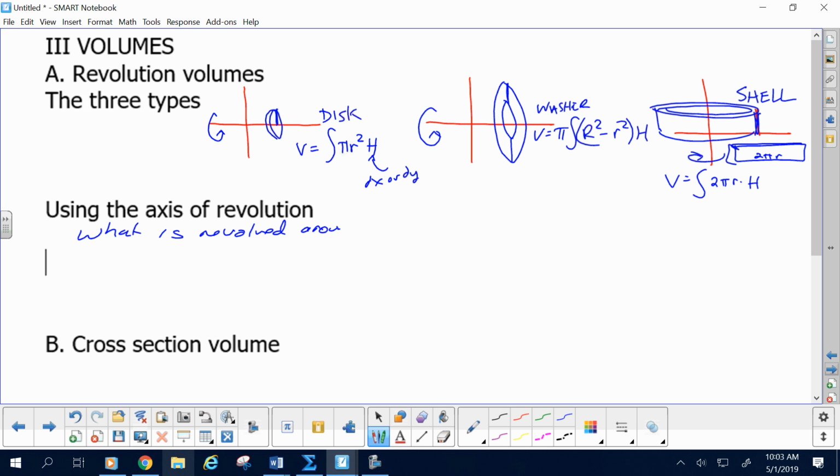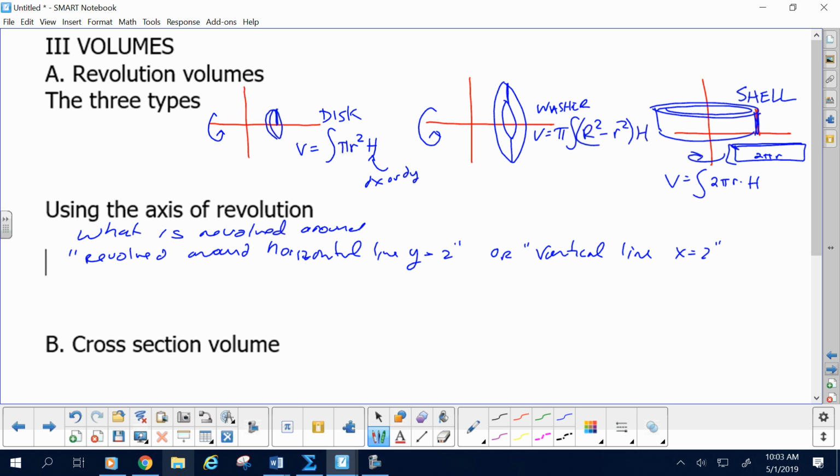It will usually say, if it's a free response question, revolved around the horizontal line y equals 2 or the vertical line x equals 2, but it has been the case that sometimes they didn't add in that little horizontal or vertical. You've got to check, double check, and triple check before proceeding that you are revolving correctly.